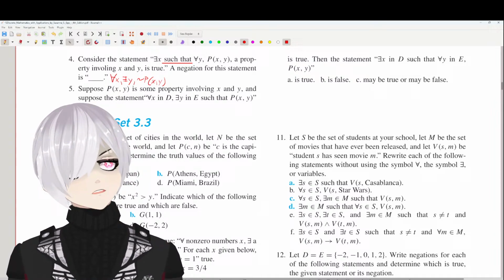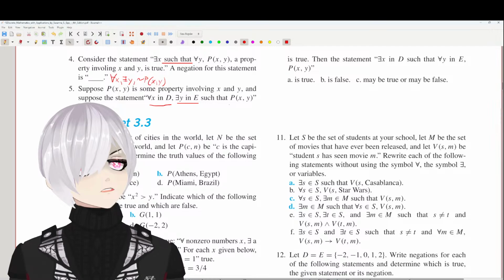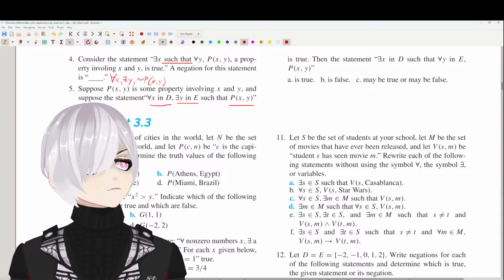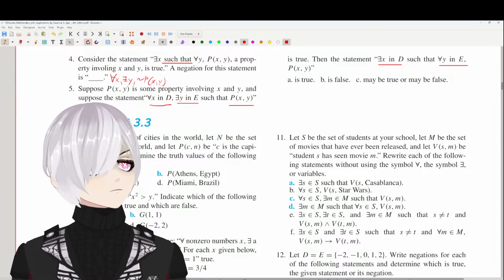So for all x in D, there exists a y in E such that P(x, y), and over here, for some x in D, for all y in E, P(x, y).